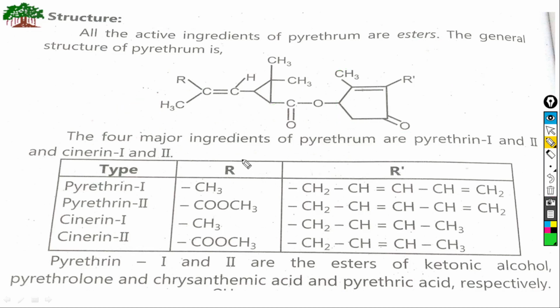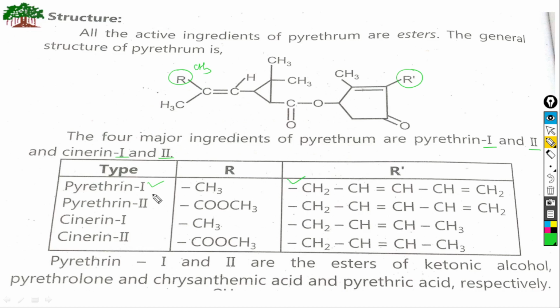The four major ingredients of pyrethrum are pyrethrin 1, pyrethrin 2, cinerin 1 and cinerin 2. So what is their structure? Pyrethrin 1 is formed when we replace this R by CH3 and this R dash by this pentadienyl group.